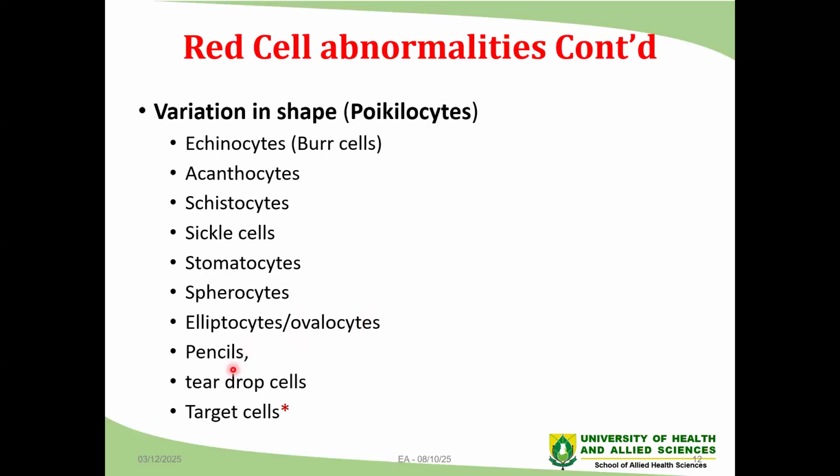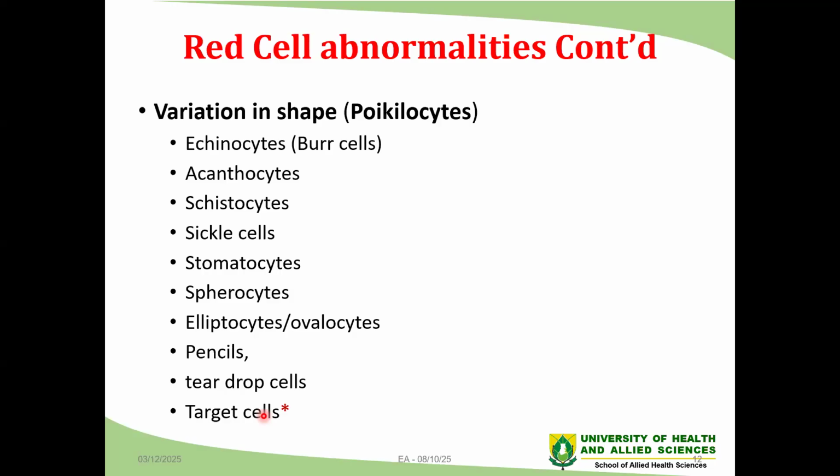Then you have pencil cells. You also have teardrop cells, and then you also have target cells. Now, a target cell here, I put the asterisk by it because a lot of times when we see target cells, due to the way they appear, we assume that it's a problem of hemoglobinization. But the target cell is not an issue of hemoglobinization.